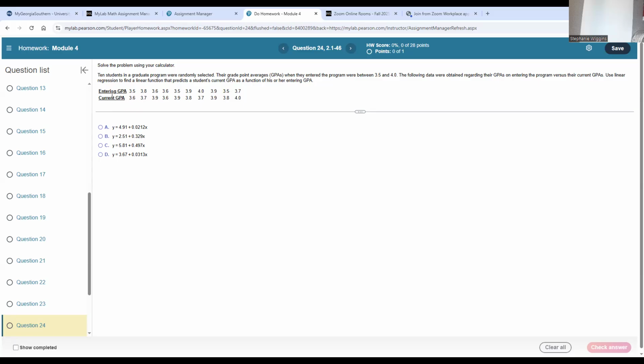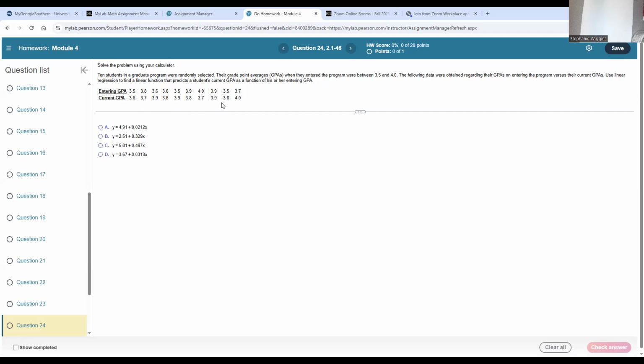So just so you understand which one represents the horizontal axis, the x values, and which one represents the y values. Once you've determined that, you're going to use your calculator to enter this data. How to do this depends on the model of your calculator.